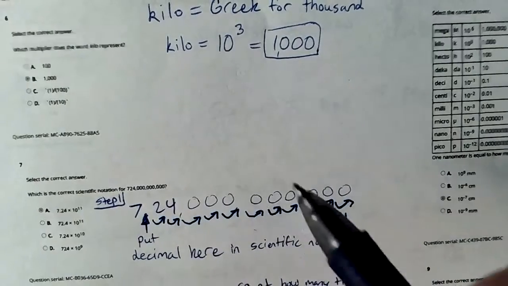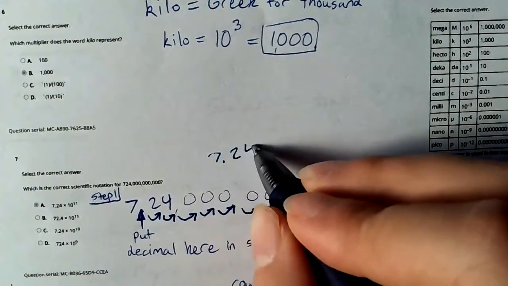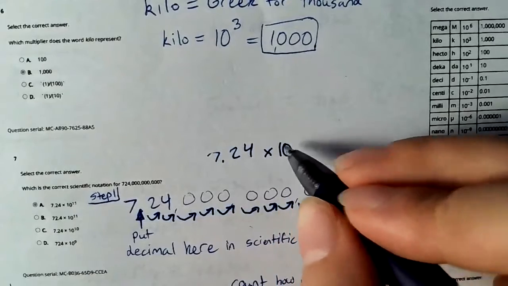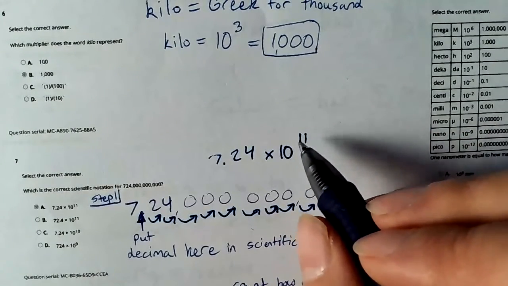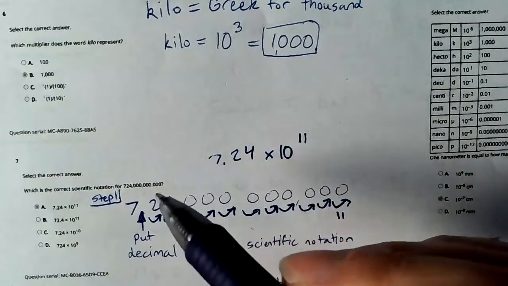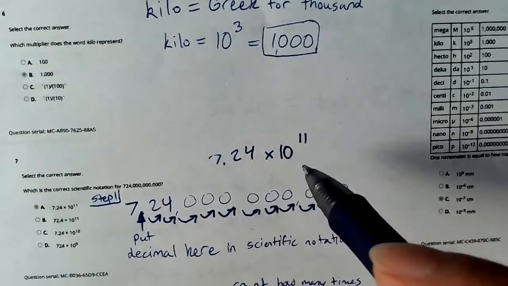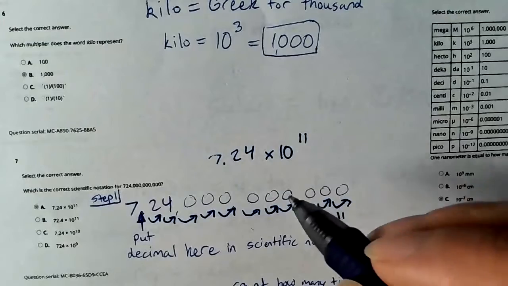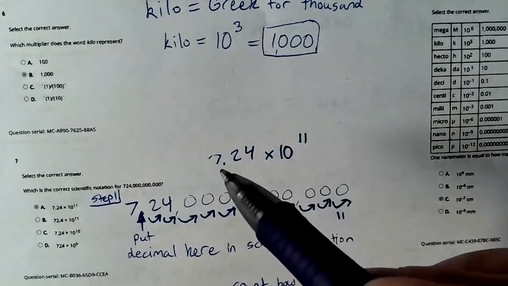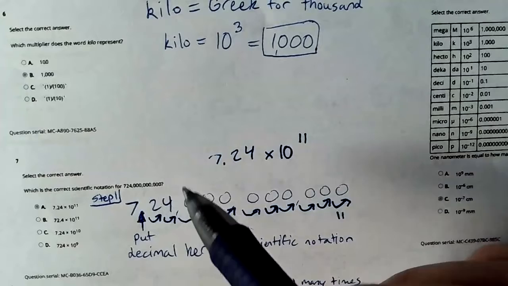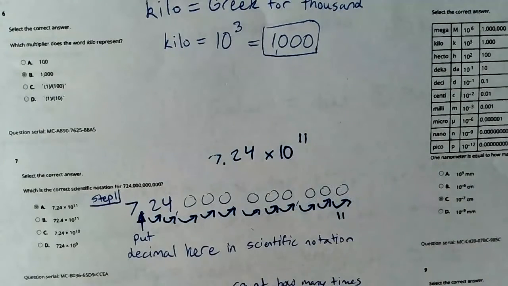So that will be 7.24 times 10 to the 11th. Because we're moving the decimal to the right, that means the exponent is positive. And then if you have to move the decimal point to the left, that will make this number negative, okay?